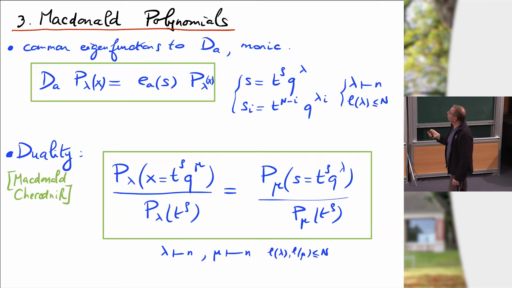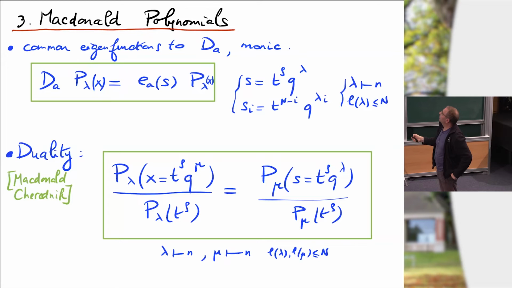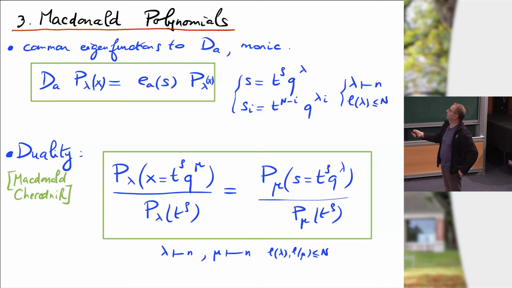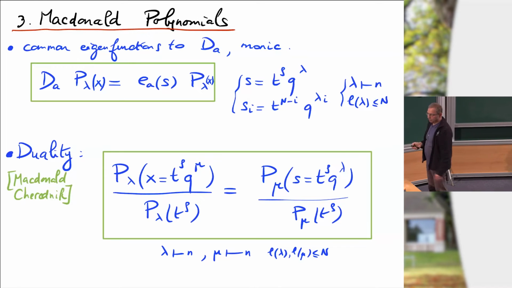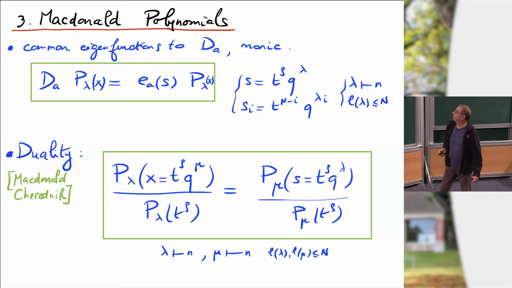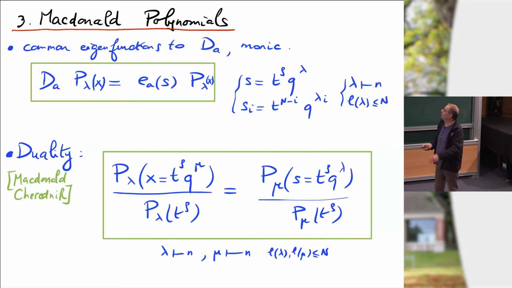To do this, of course, you have to specialize your variable to something that involves something similar to the degree. So it's this parameterization. And then this quantity, properly normalized in this way, is symmetric in lambda and mu.